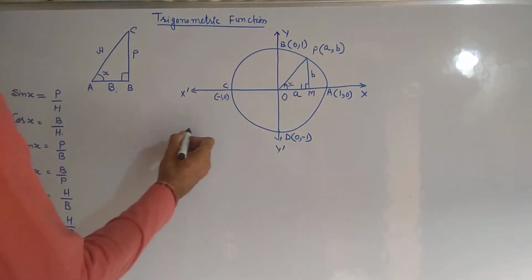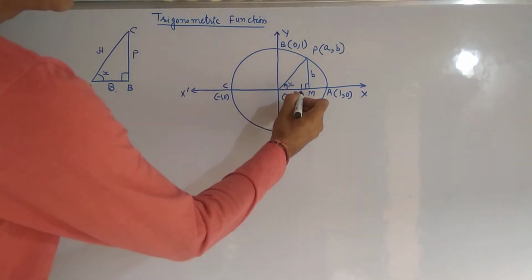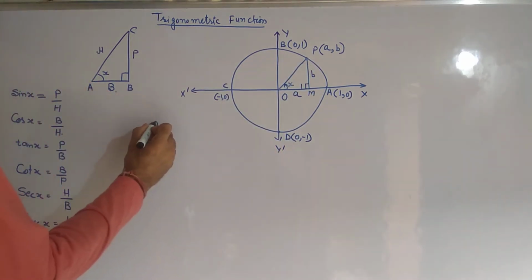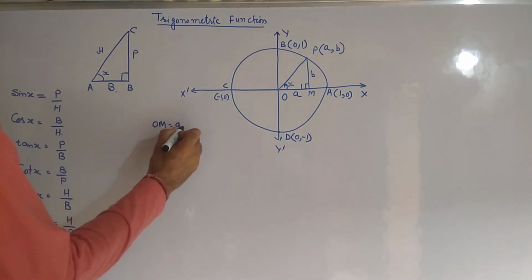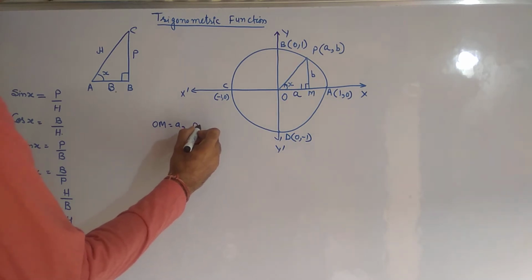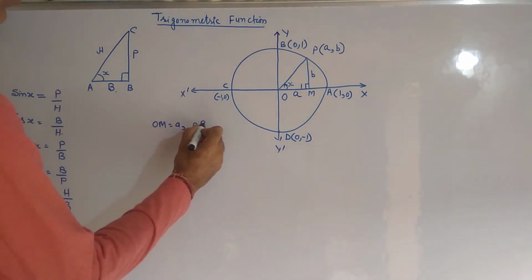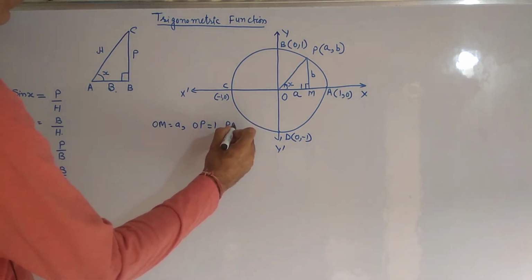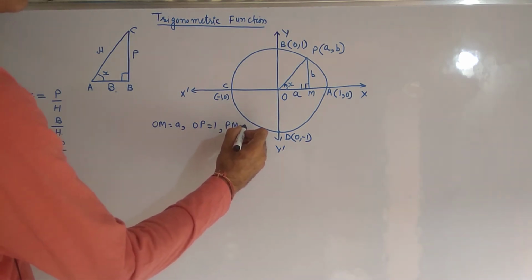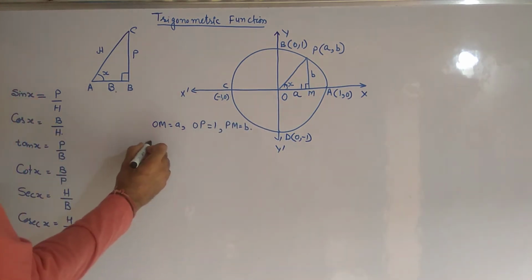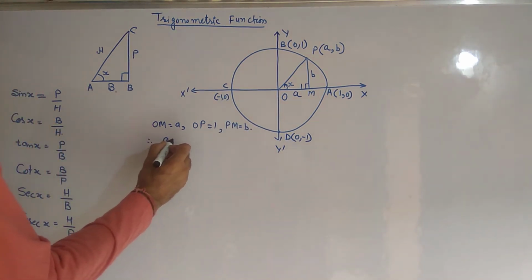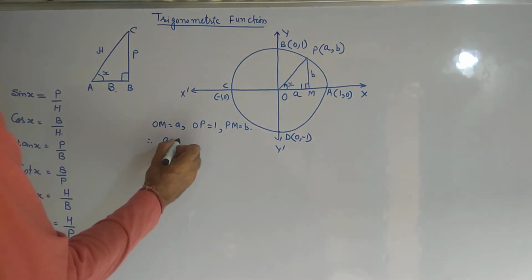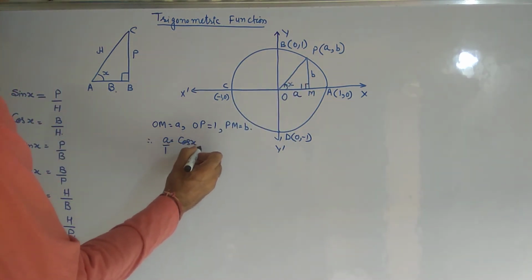A upon OP, see here, OM is equal to A, OP is equal to 1, and PM is equal to B. Therefore A upon 1, base upon 1, is cos x.